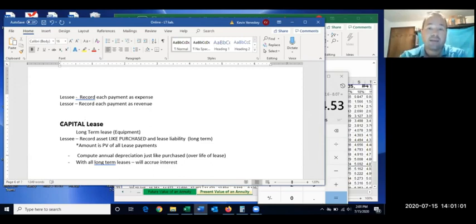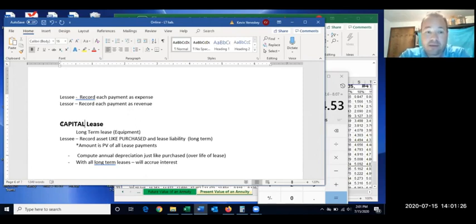If you have a machine that is known to really only be in good condition for 5 years, after 5 years it's out of style, it's out of date, and your lease is at least 4 of those years, then it's basically like you owned it because you had it for almost all of its life.